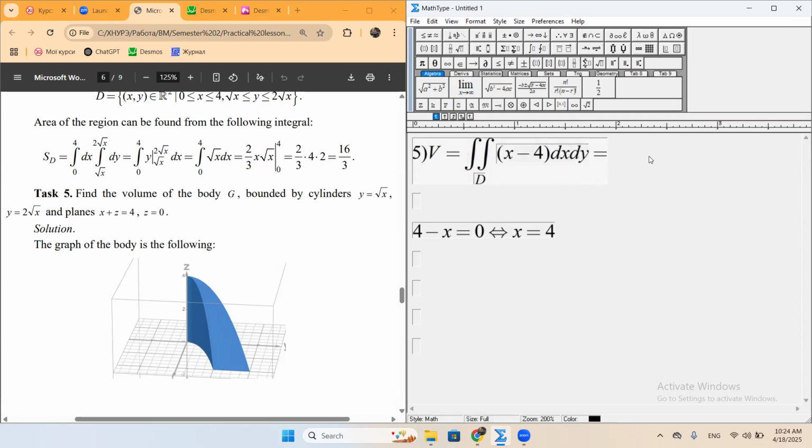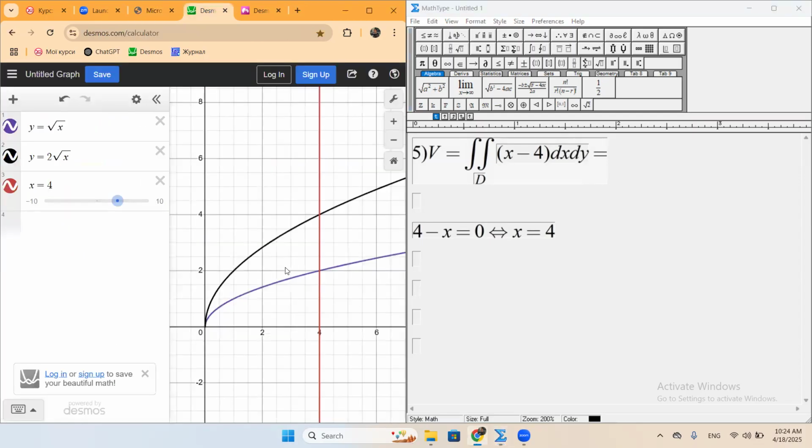So the following integral. And now let's describe the projection. So x changes from 0 to 4, as we already defined. Then y changes from square root of x to 2 square roots of x.